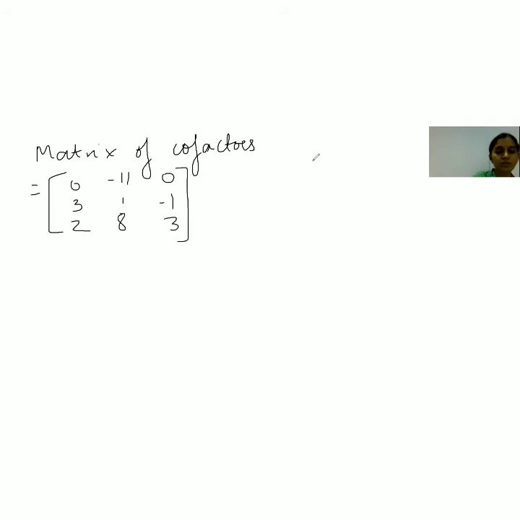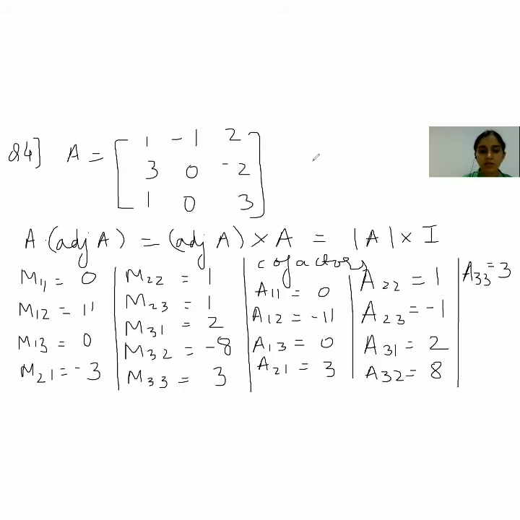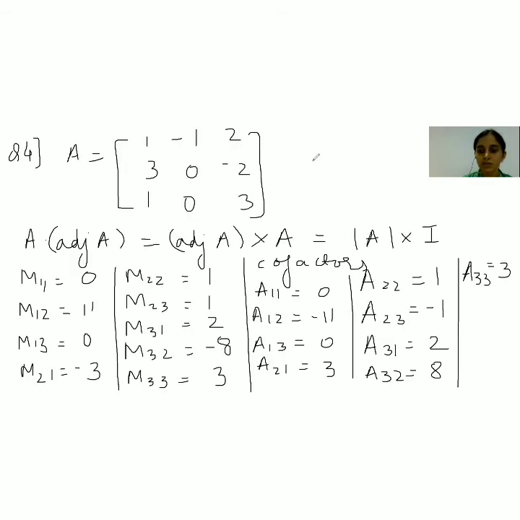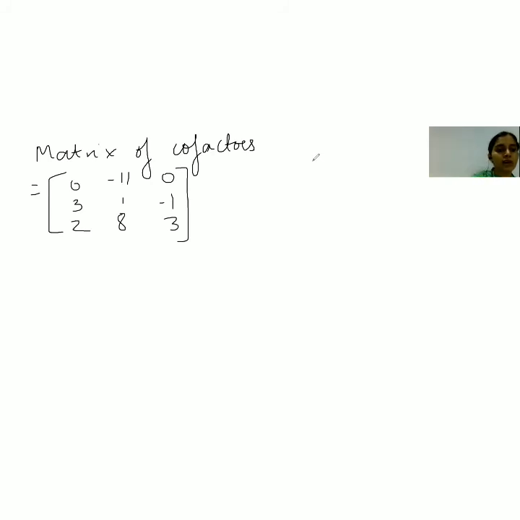Let us just verify it once more. Yes, so this is the matrix of cofactors.